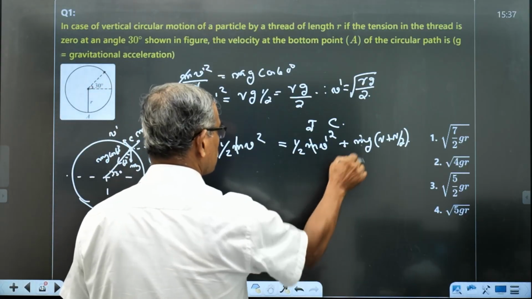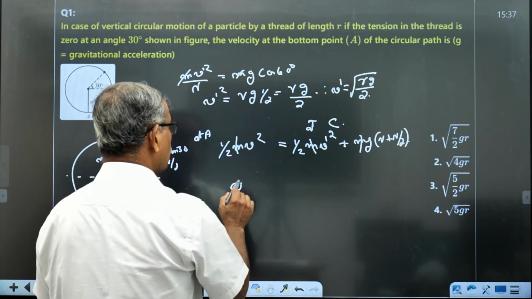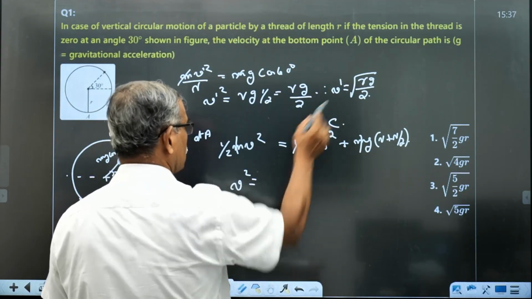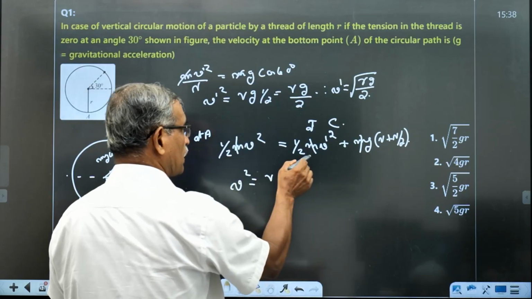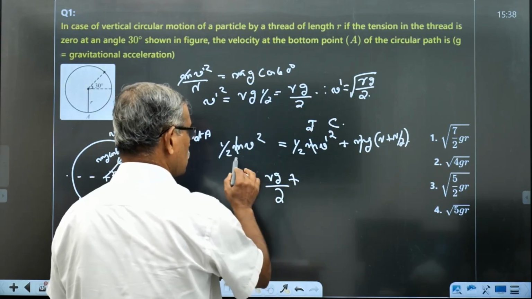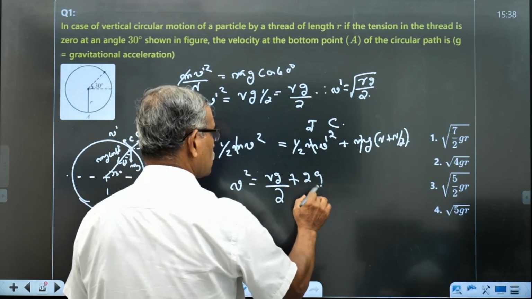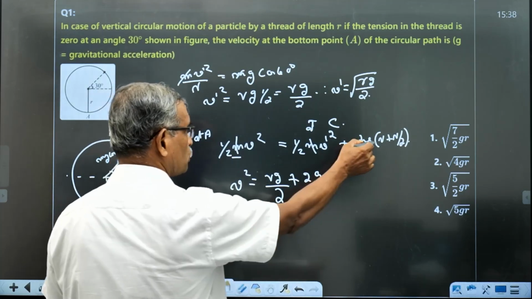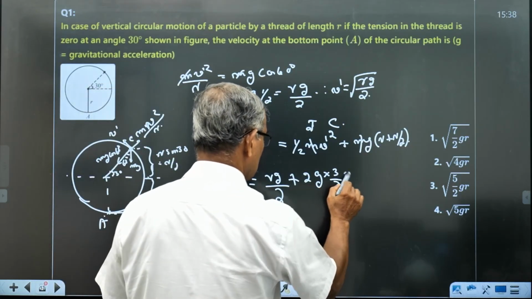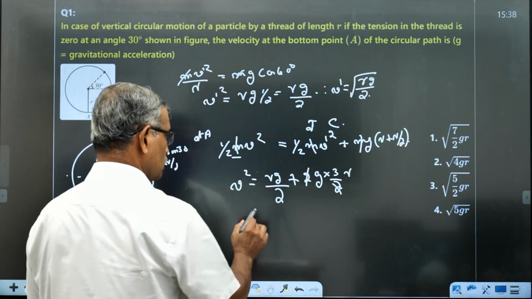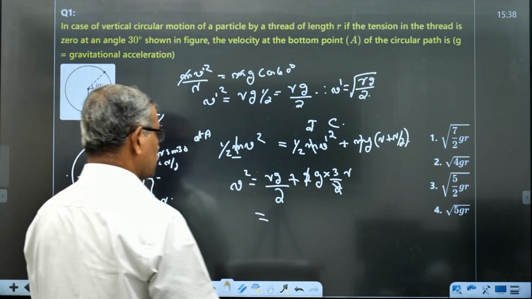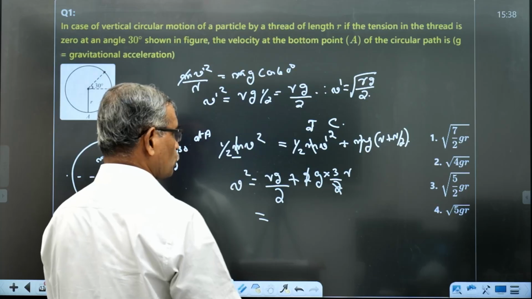M cancels out. So from this, v squared is equal to v dash squared, which is rg by 2, plus 2g multiplied by r plus r by 2, that is 3 by 2 r, which is equal to 3 rg plus rg by 2, meaning 7 by 2 rg.